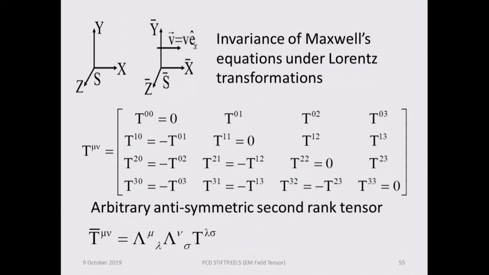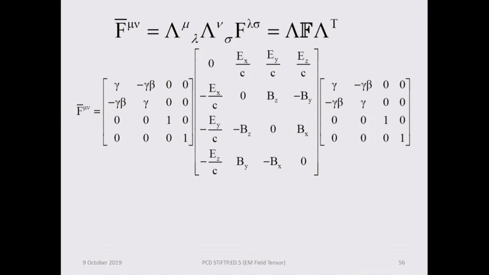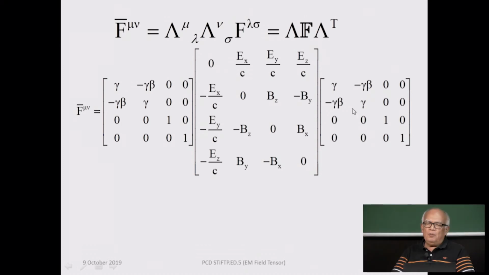Okay. So, you must transform it twice, and you can get it by this transformation law: you have got the electromagnetic field tensor in the previous frame, and then you post multiply it by lambda transpose and pre multiply by the matrix lambda.